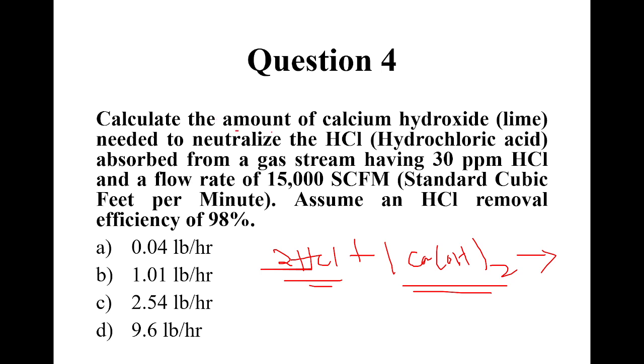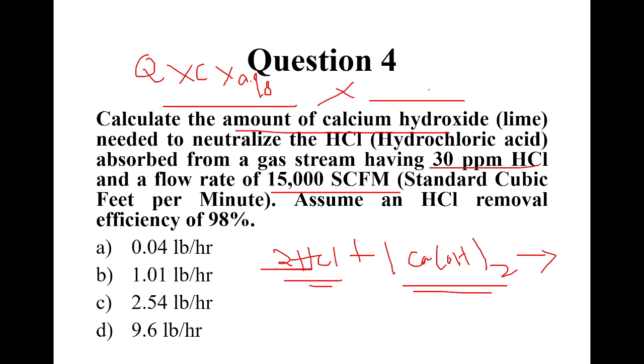They are asking the amount of calcium hydroxide for neutralizing an absorbed gas stream of 30 ppm HCl, 15,000 SCFM. So flow rate is known, concentration is known, efficiency is known, 0.98. If I multiply everything, I will get the HCl concentration. Then multiply with the calcium hydroxide's mole, I will get how many lb per hour.